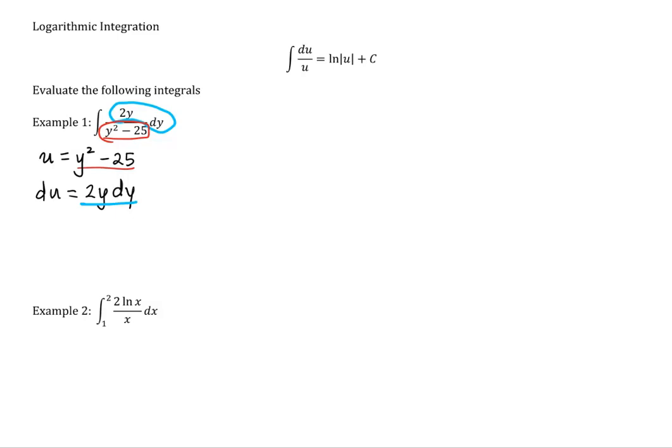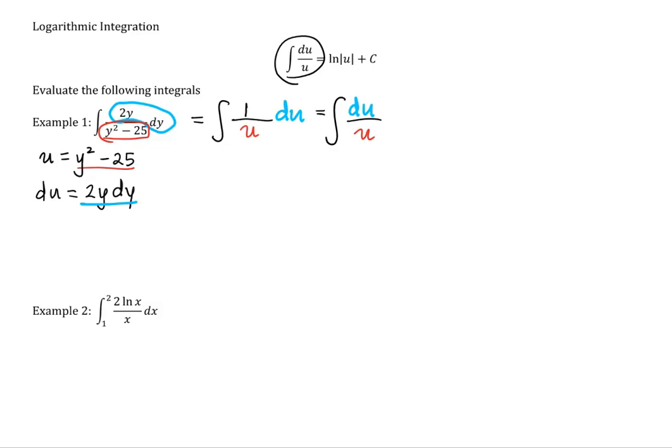So now when we actually go to do our substitution, we have the integral of 1 over u du. Or you could have written it, we talked about this with that problem from the test, but this is the exact same thing as writing du divided by u.